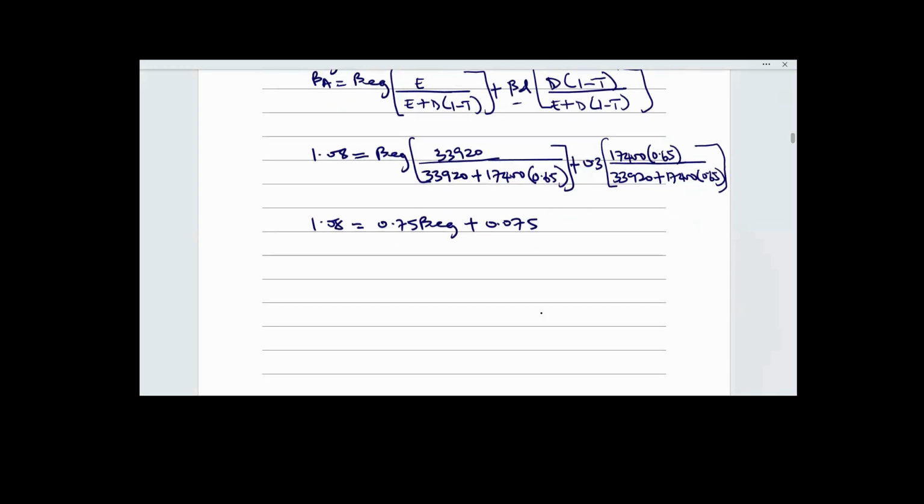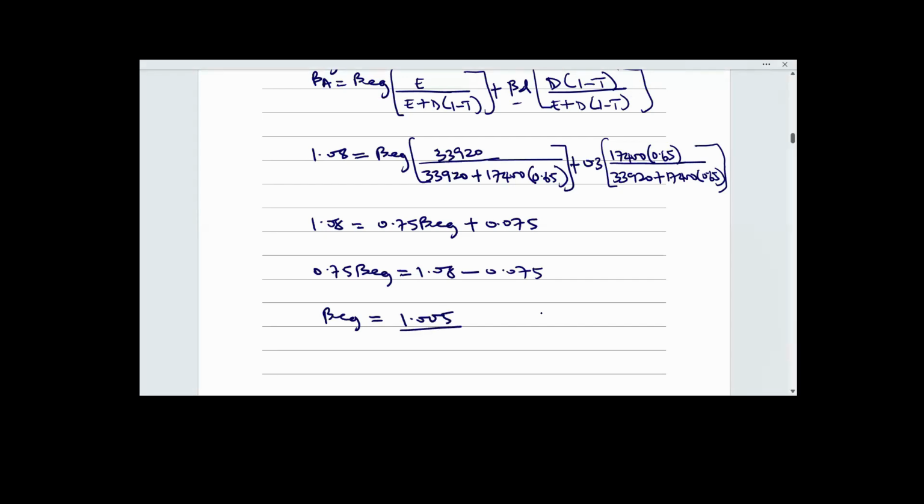All right, I can say 0.75 BEG equals 1.08 minus 0.075. Therefore, BEG equals 1.08 minus 0.075 equals 1.005.